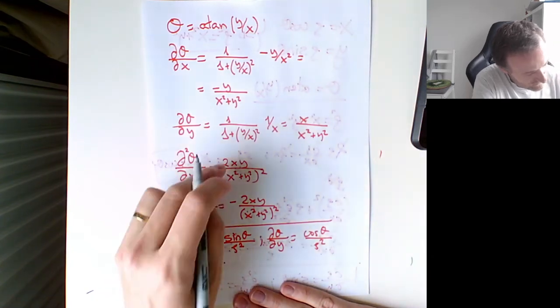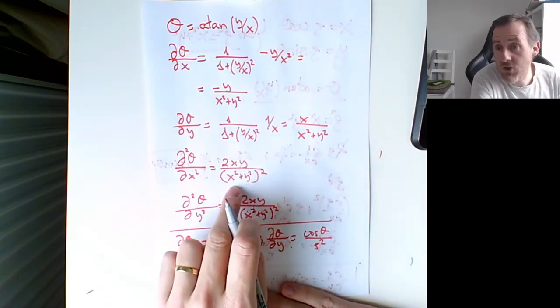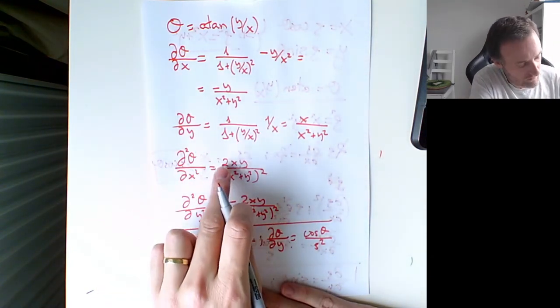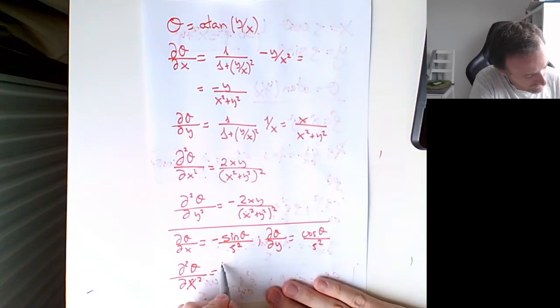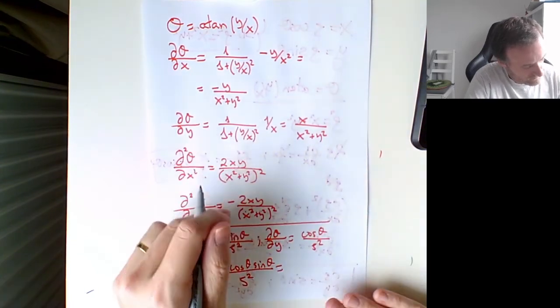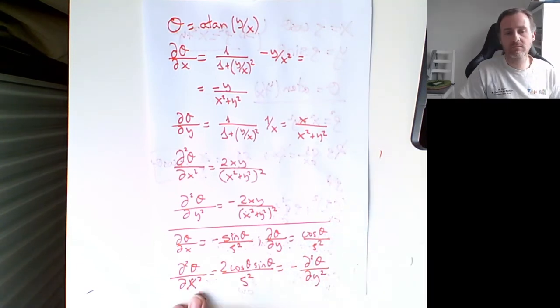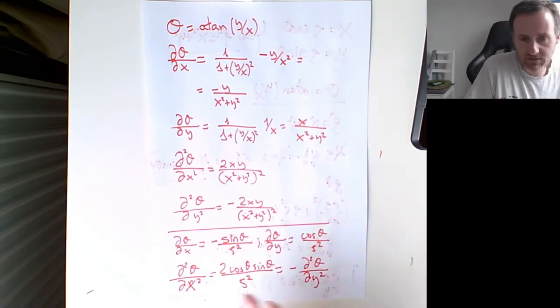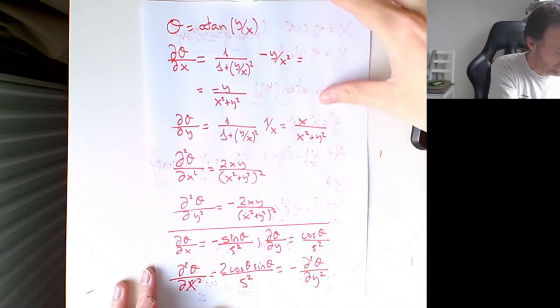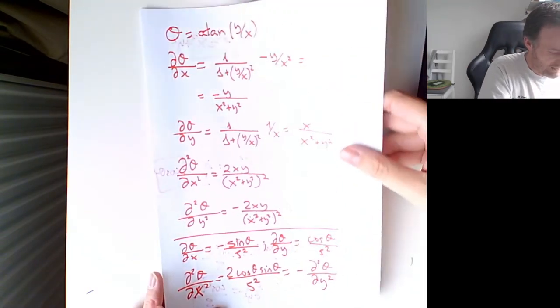This one has rho to the fourth, so we have 2 times cosine theta sine theta over rho squared, and this by symmetry is minus this. Perfect, because we are almost there.